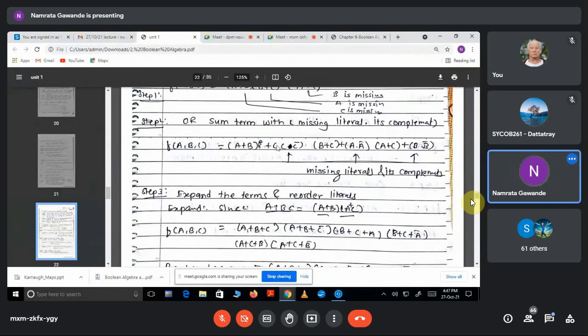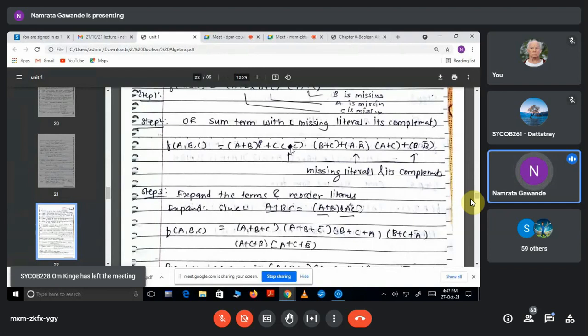How will you expand? Now, here it is given. A plus B plus, you can apply this particular law: A plus BC equals A plus B and A plus C. In the same way here, A plus B plus C, right? And with this, ORing of this will be again with C bar. So A plus B plus C bar.